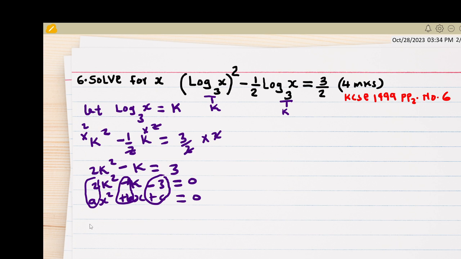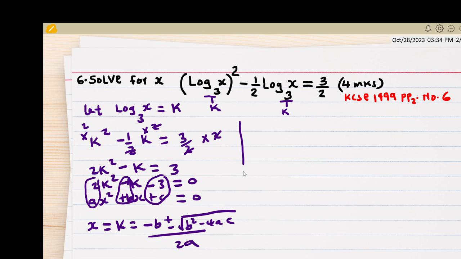So that means the value of x, in this case the value of k, is usually given by negative b plus or minus the root of b squared minus 4ac, divided by 2a. This is what we call the quadratic formula. So k will be equal to negative b, my b is negative 1, plus or minus the square root of b squared.